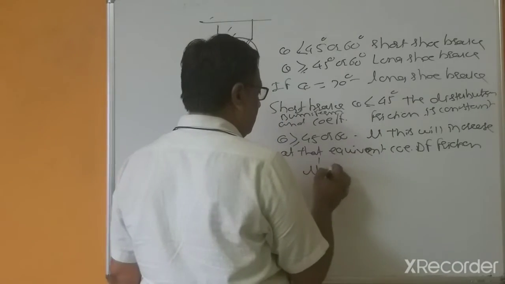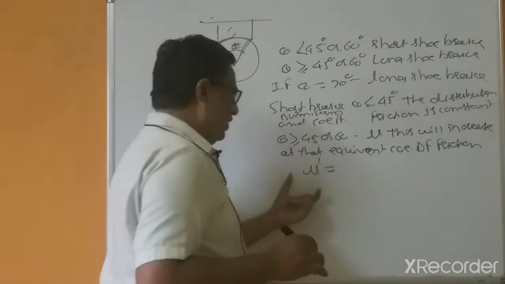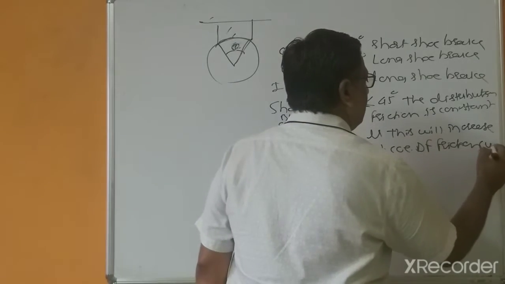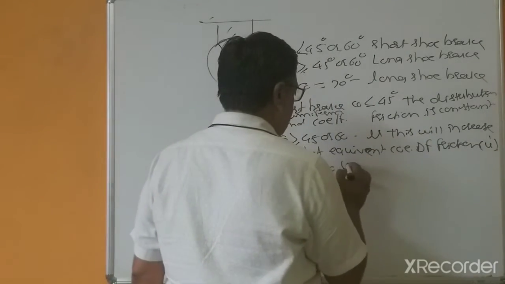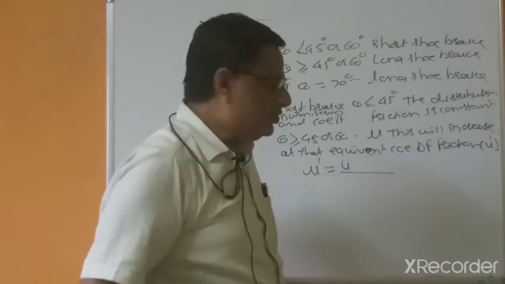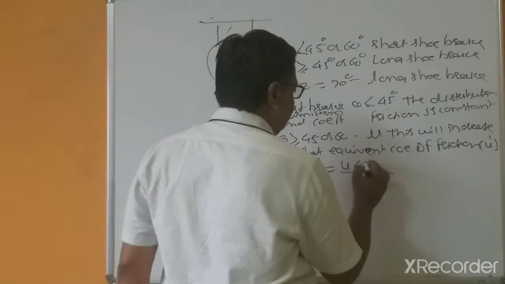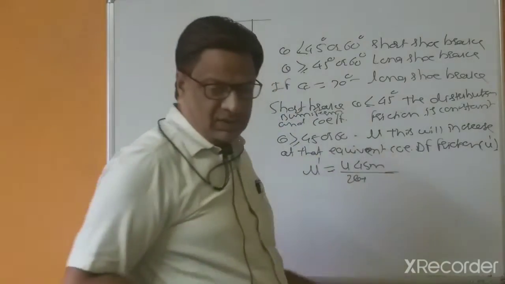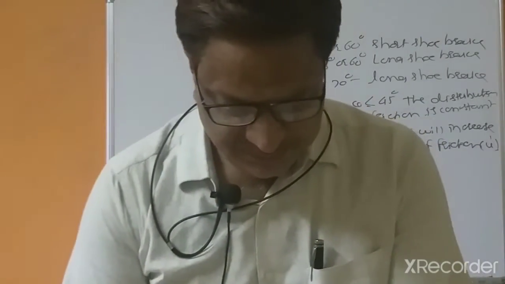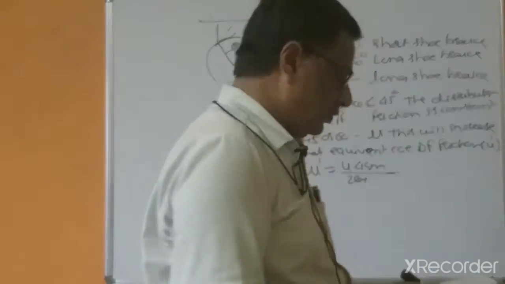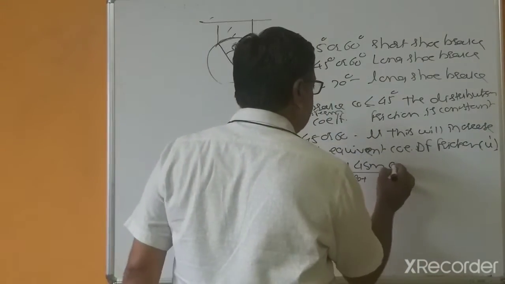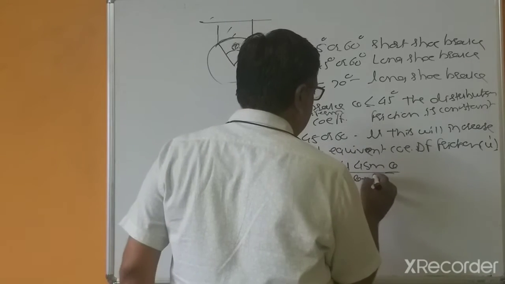The notation is mu dash, which equals mu into 4 sine theta divided by, I will check this formula, 2 theta plus sine 2 theta. This is the equivalent coefficient of friction.